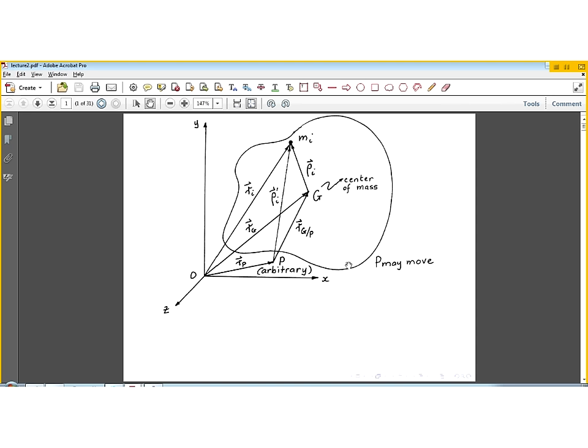Now, this system of particles may be a rigid body, because a rigid body can also be considered as a system of particles, a body consisting of a very large number of particles. At this point, it's not too important to consider exactly what is meant by a particle. One can think of it as the molecules, although I'm not claiming that we are going to study the dynamics of systems of particles on the molecular level.